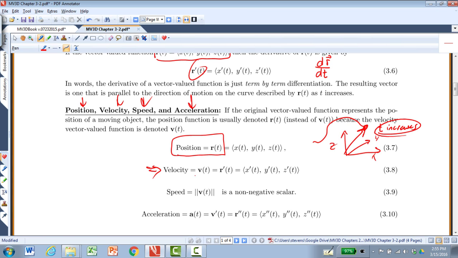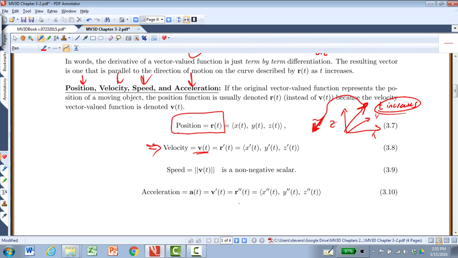Suppose that's v at some point. It will have a direction and a magnitude, right? If I look at just the magnitude, then I'm talking about speed. So speed is the magnitude of my velocity function. It's how big that vector is, how long it is.